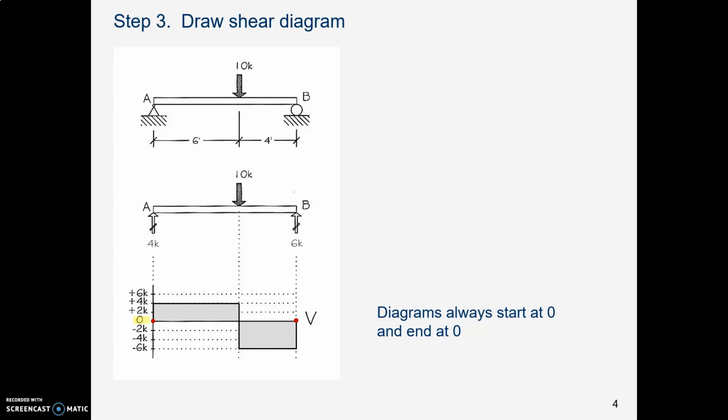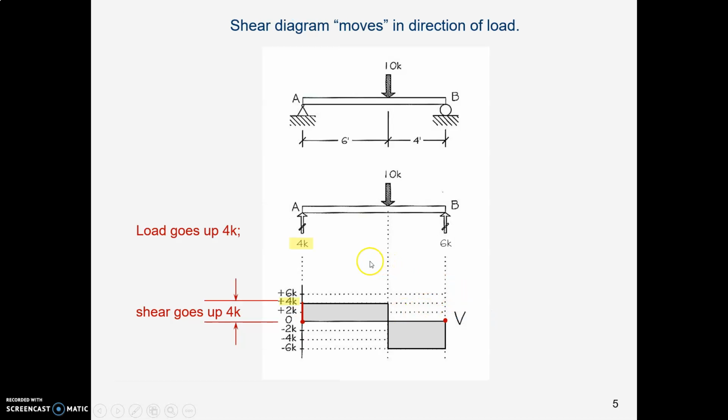Now that we've got those, we'll draw our shear diagram directly under the load diagram. And recall that our shear diagram always starts at 0 and ends at 0. When the load jumps up 4k, the shear goes up 4k. So I can make a vertical line there.